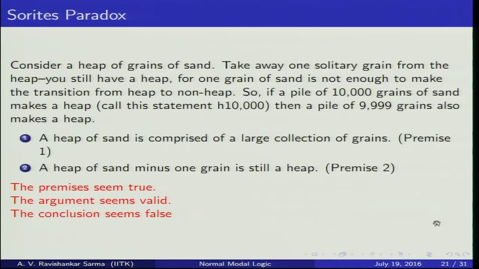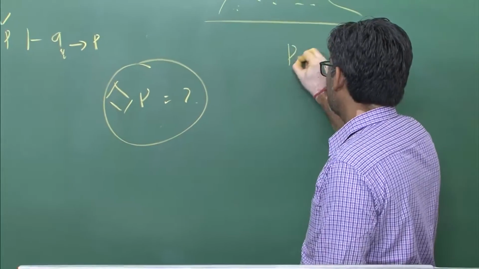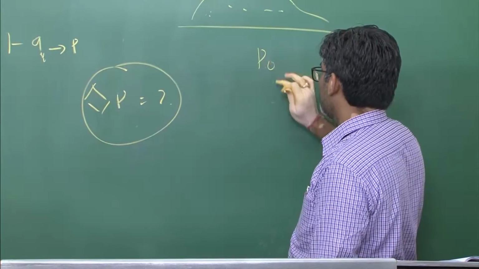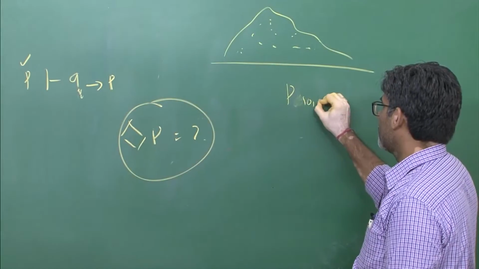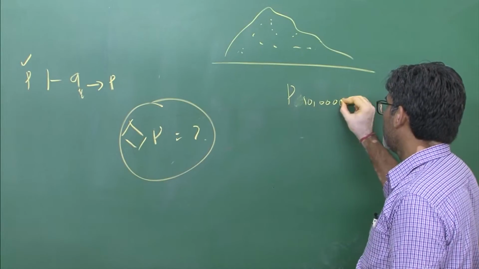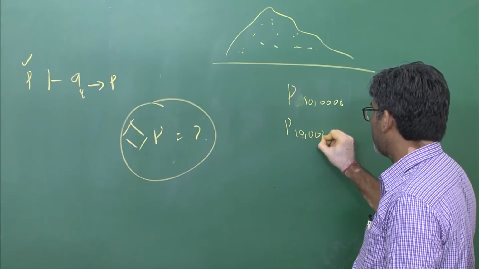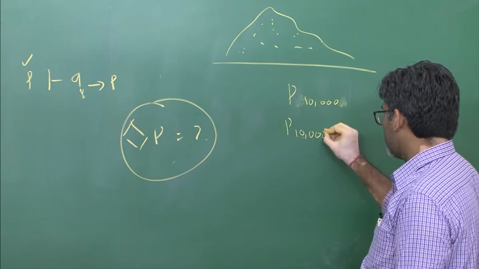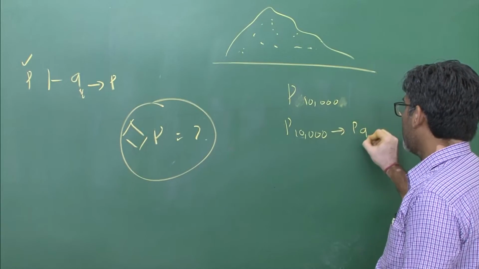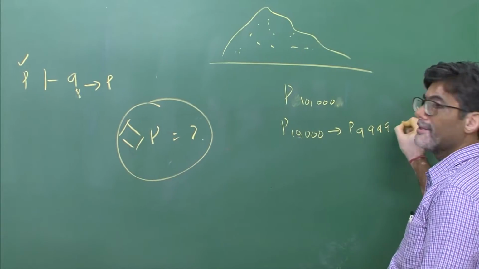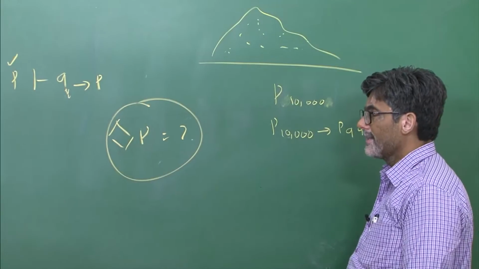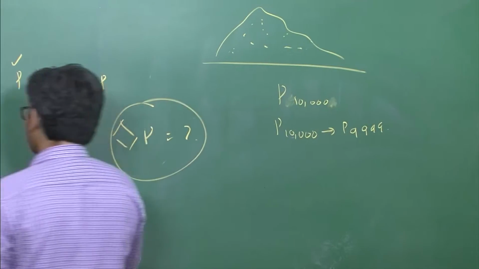In a nutshell, the argument goes like this: you started with, let us say, P 10,000, maybe more than that. Now if P 10,000 is considered to be a heap, then P 9,999 is also considered to be a heap. This argument goes on and on like this.